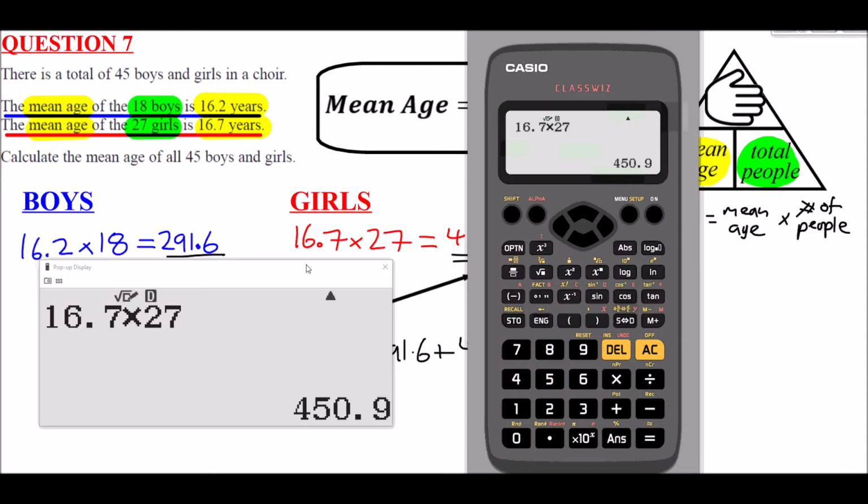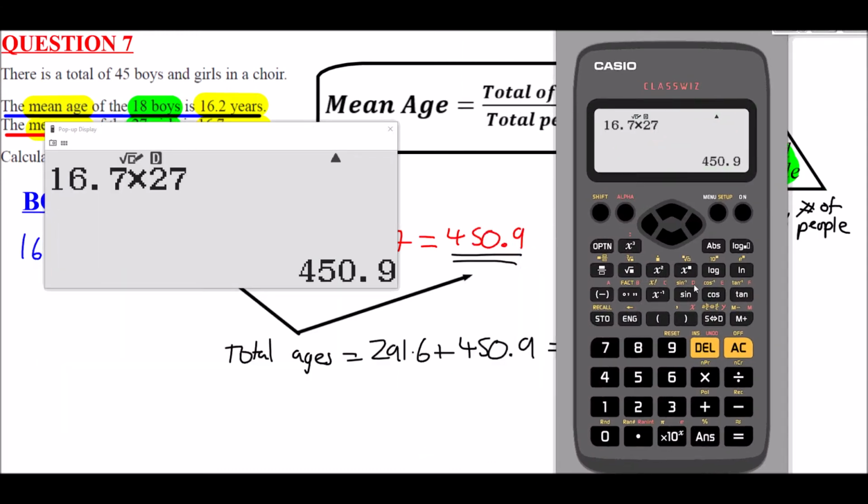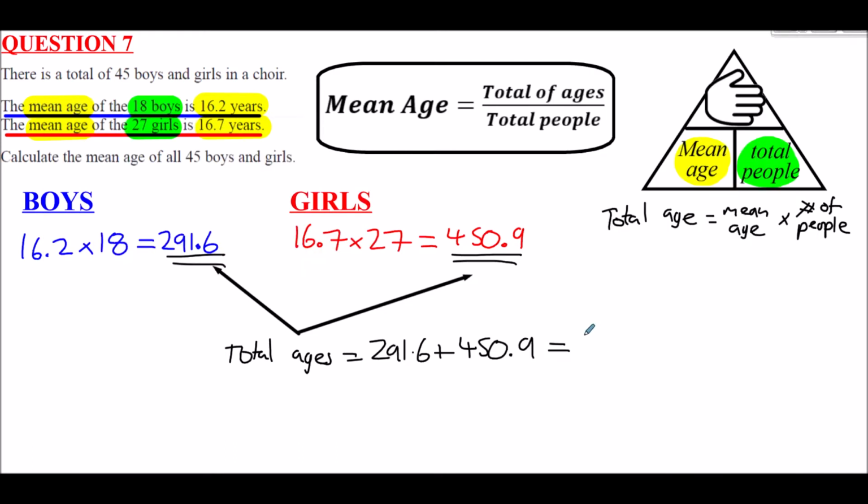So if you add these two numbers together, so we've got 291.6 plus 450.9, that gives us 742.5. So the total of all ages, 742.5.